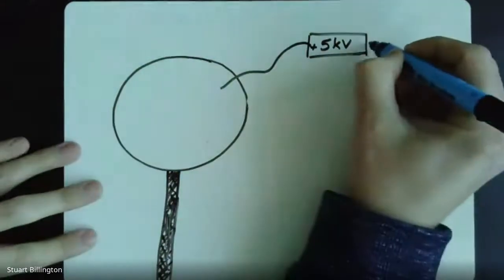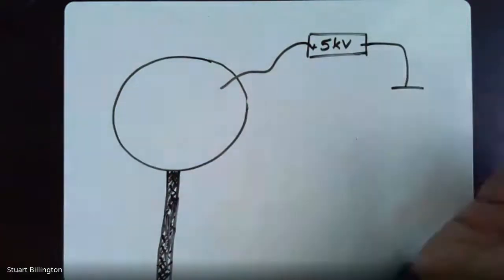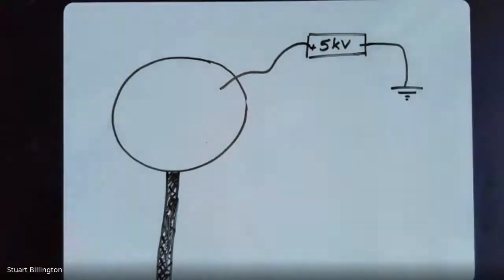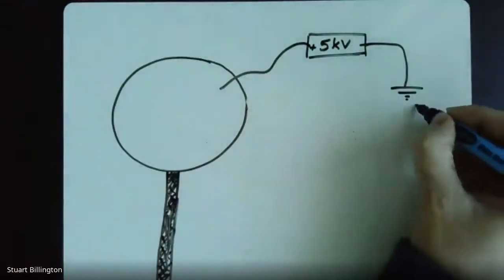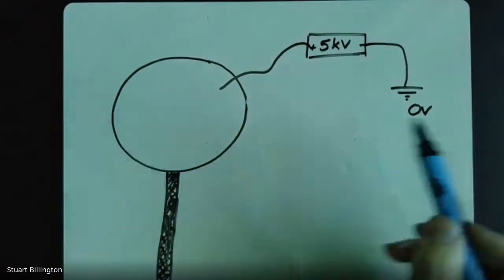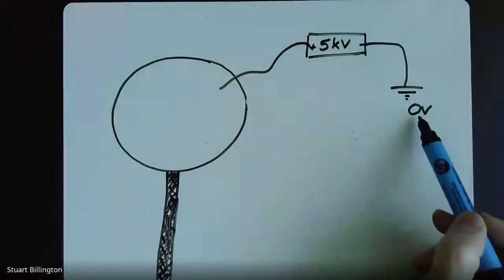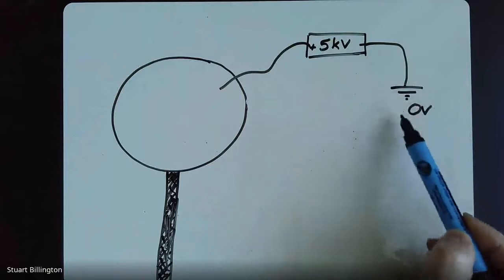And what that means is that the other end of this, the negative side or the other terminal, say it's earthed, which means basically that we're keeping it at 0 volts. So there's no imbalance of charge over here, and no work done is required to put charges in this place. So this is effectively our infinity.